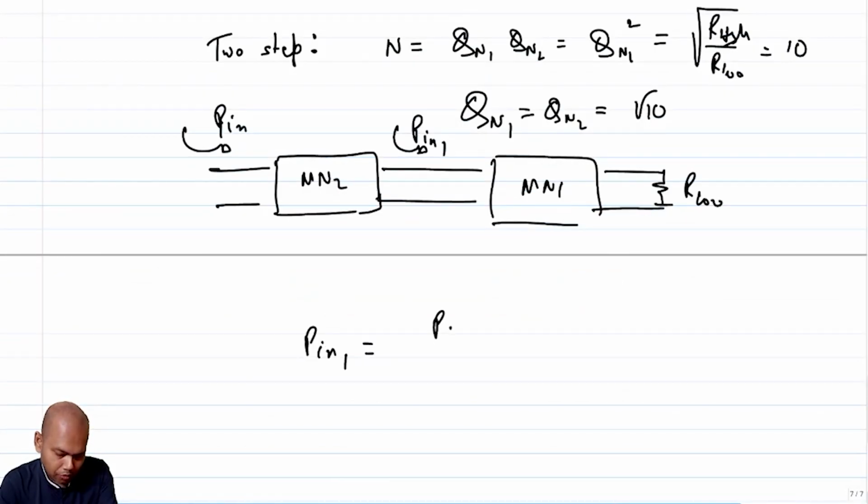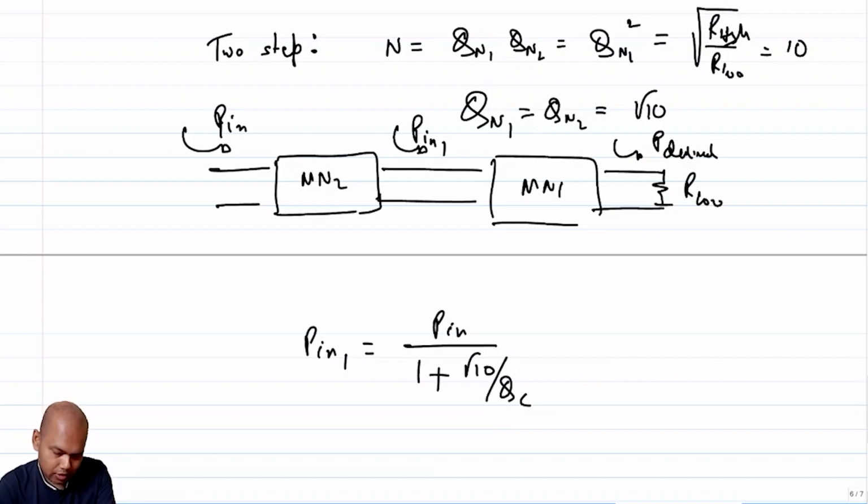Power in 1 is power in times 1 plus the q of the matching network 2 by the component q, which is the square root of 10 by qc, correct? And what is power delivered finally?